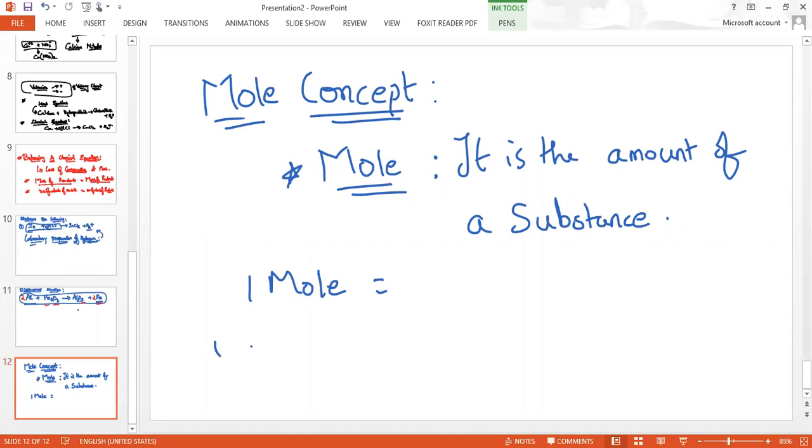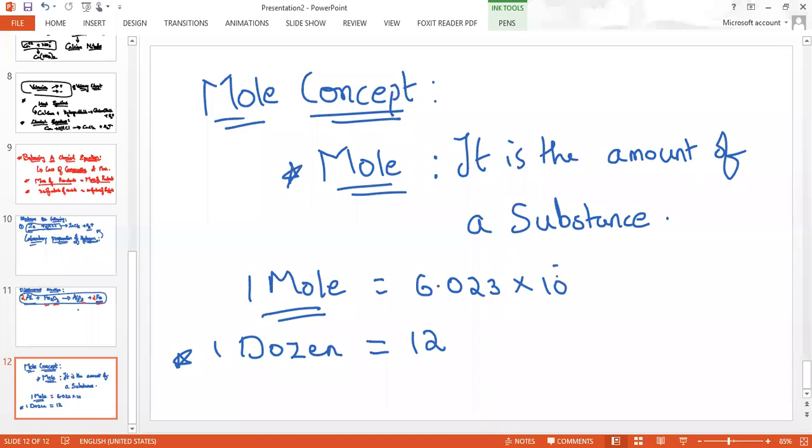So 1 mole denotes some amount of substance. For example, I had given this example previously. 1 dozen means how much? 1 dozen indicates 12. So 1 mole indicates 6.023 into 10 power 23 particles.